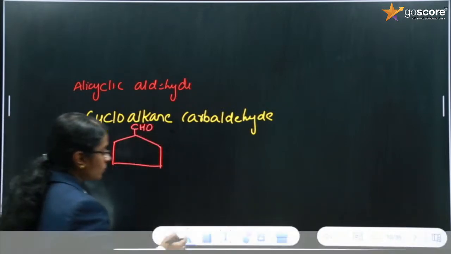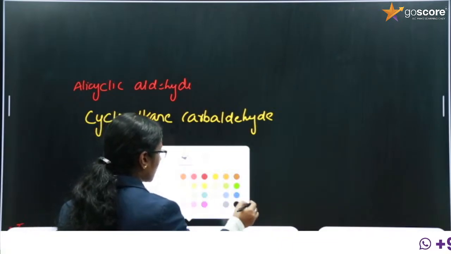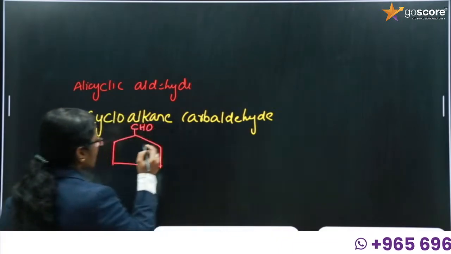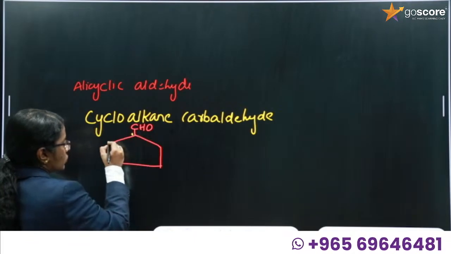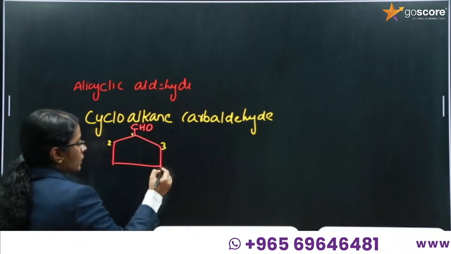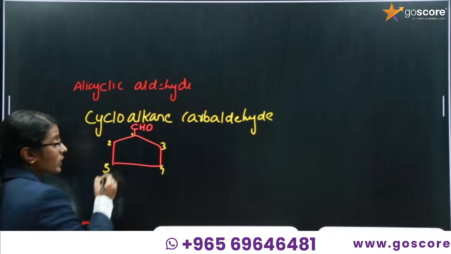You have to count the number of carbon atoms. How many carbons are here? 1, 2, 3, 4, 5. So it is pentane.